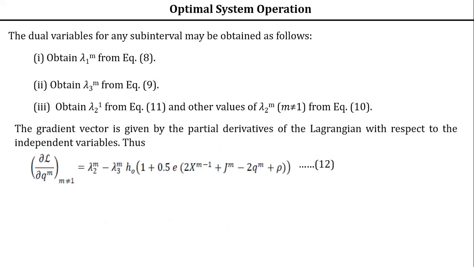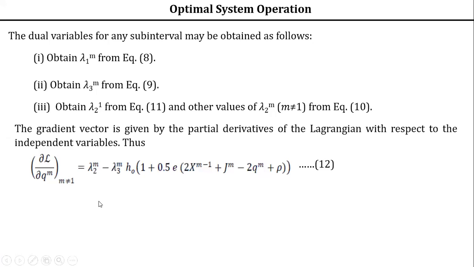Remember that in the water discharge rate, during each subinterval, all the discharge rate variables are considered as independent variables, except one variable as the dependent variable, that is Q1. Other than Q1, the rest are independent variables.